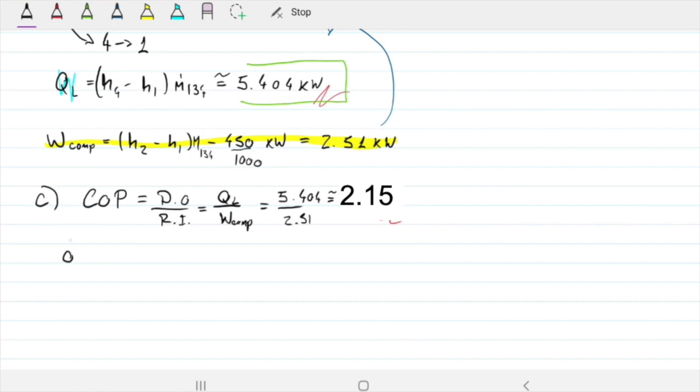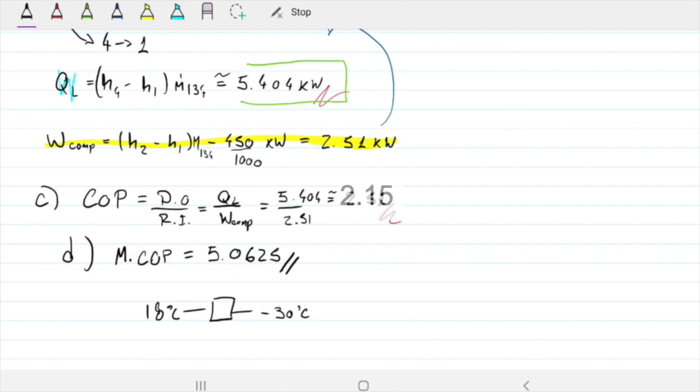We know the maximum coefficient of performance is 5.0625, and this is limited by our water coming in at 18 Celsius on one extreme and the environment we want to keep at -30 on the other extreme. This is going to limit our maximum coefficient of performance.